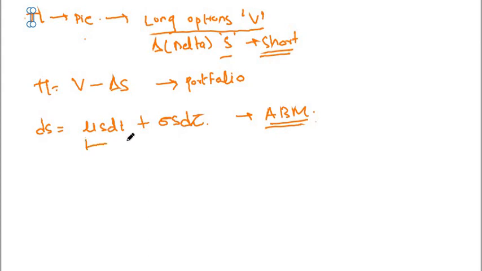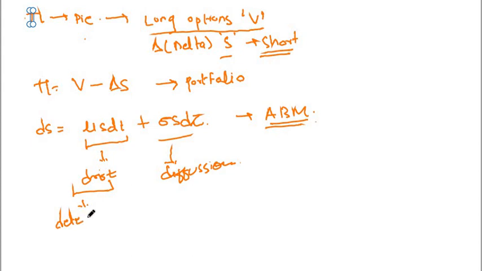Now, this is the drift term, and this is the diffusion. Don't get confused by what is drift and what is diffusion. When I say drift, it is purely a deterministic term, and this is purely a stochastic term.